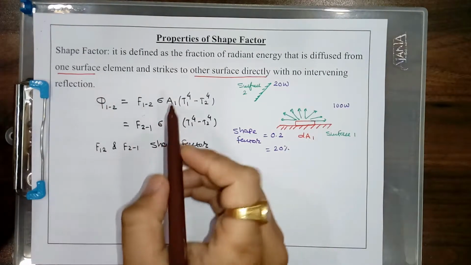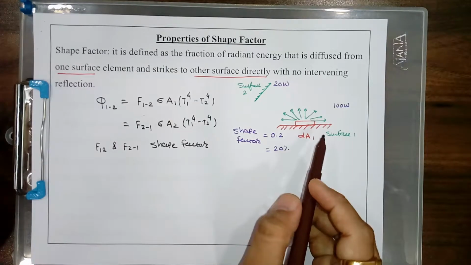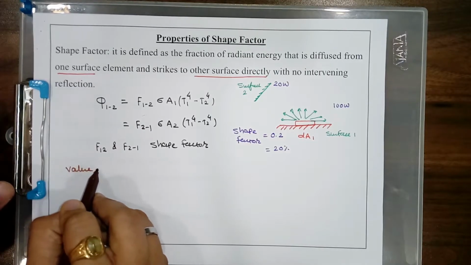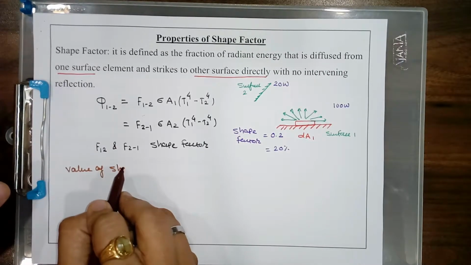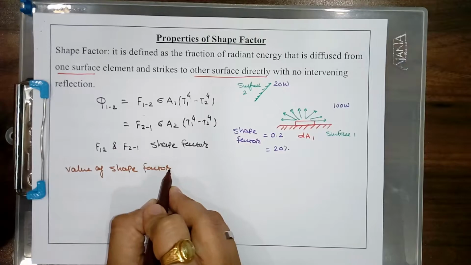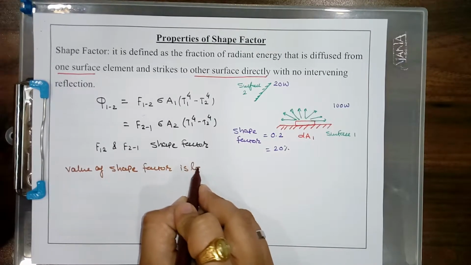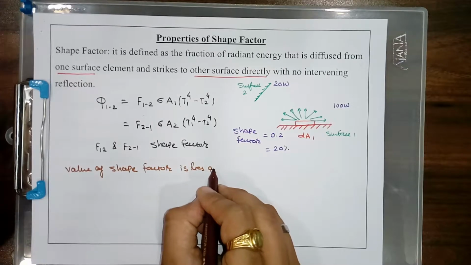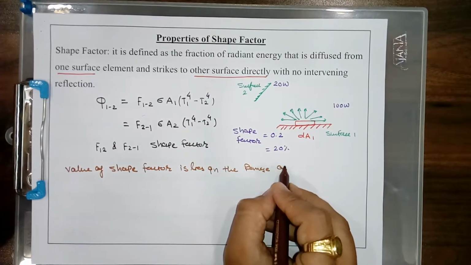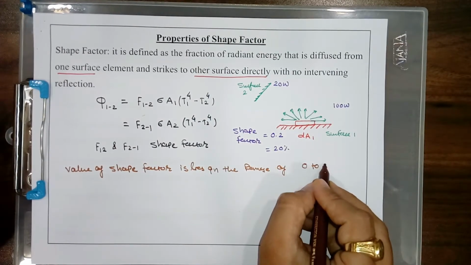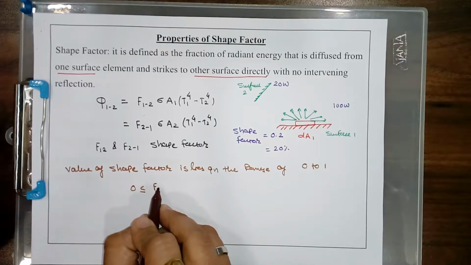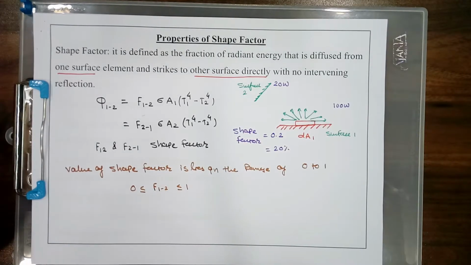From the definition, if the fraction lies from 0 to 100 percent, it means the value of the shape factor lies in the range of 0 to 1, that is, 0 is less than or equal to F12, which is less than or equal to 1.